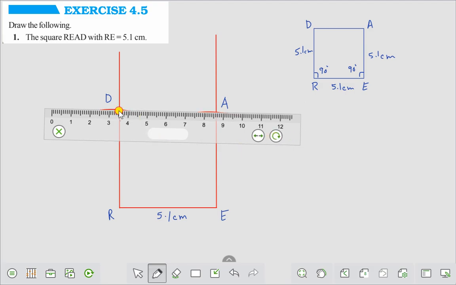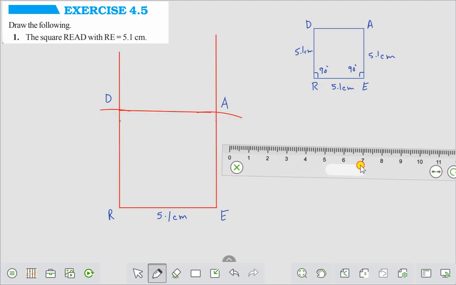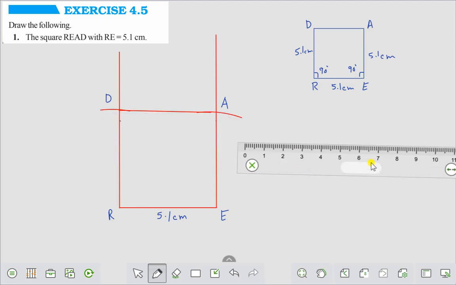Now join this line. You see, this is our required square. This DA is 5.1 centimeter.